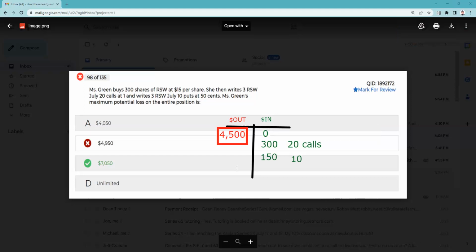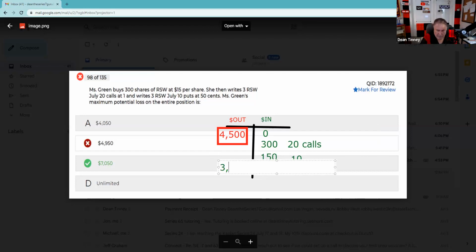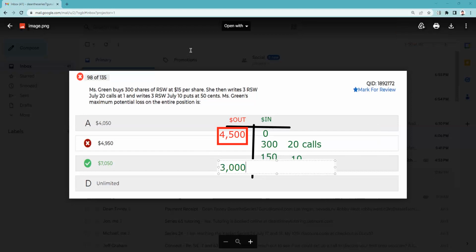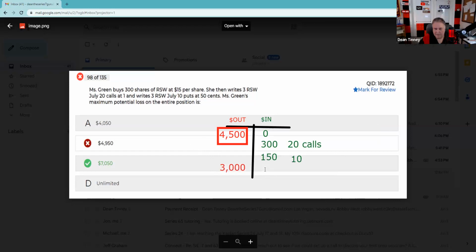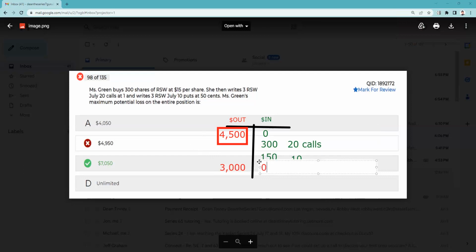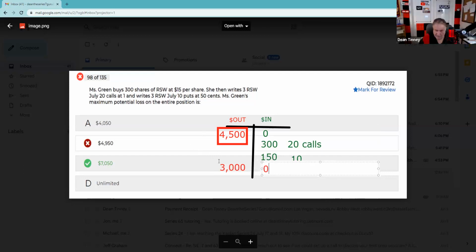And if the stock goes to 0, I'm going to get exercised and I'm going to have to buy 300 more shares at 10. So I'm going to pay out another $3,000 on getting exercised on the puts. And the stock is again worthless. Hopefully when we net all these numbers, it ends up being one of those choices.